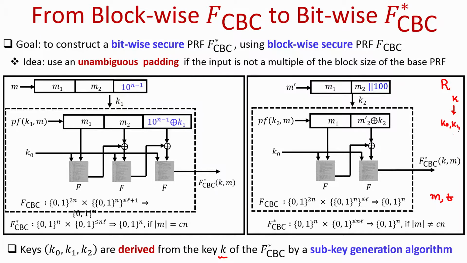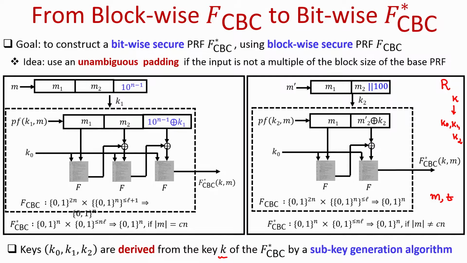The receiver is first going to derive the subkeys k sub 0, k sub 1 and k sub 2, and then it has to remove the padding, right, because the receiver has to first find out what exactly was the padding that the sender performed at its end. To remove the padding, the receiver can start parsing the message from the right position to the left position, making a complete scan, and it can stop scanning as soon as it encounters the first one when scanning from right to left.